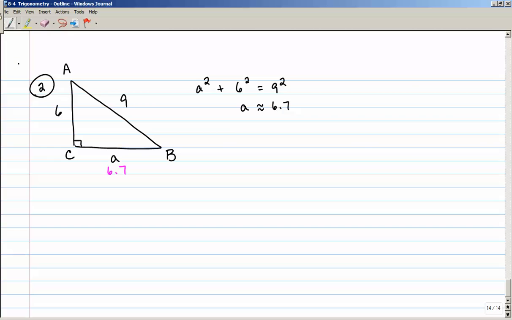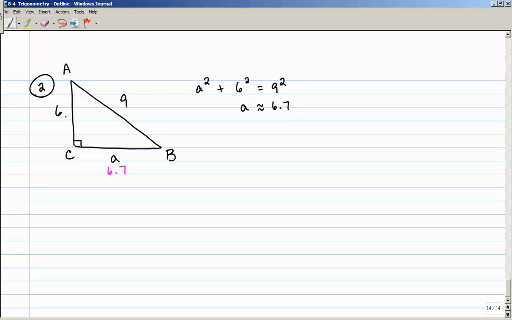Now I can use some of my trig functions here. Let's start by finding the measure of angle A. In relation to angle A, 6.7, let's see, which one did I do here? I'm going to use the two sides that I know. Actually, it's better not to use the 6.7 since that's an approximation, so I'm going to use the 6 and the 9.